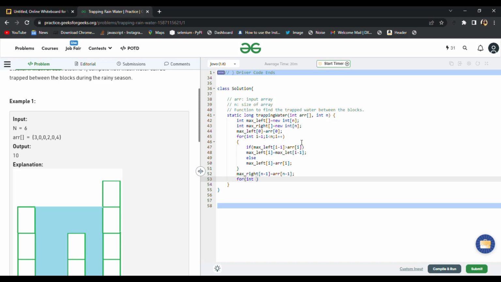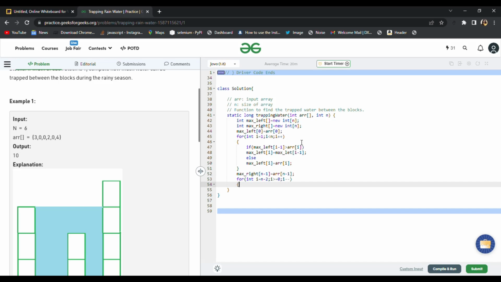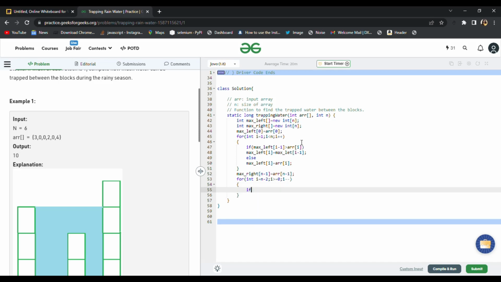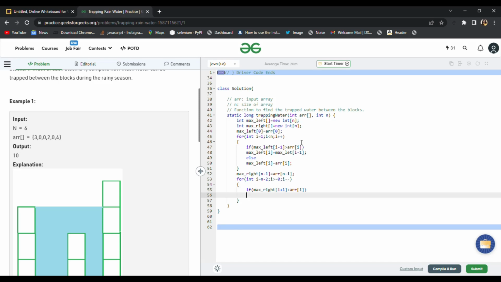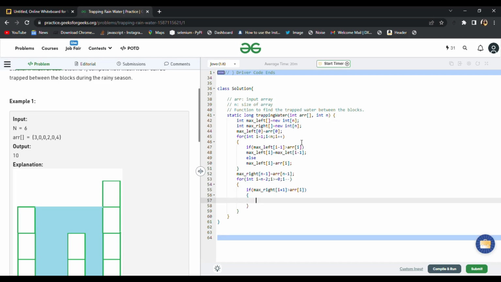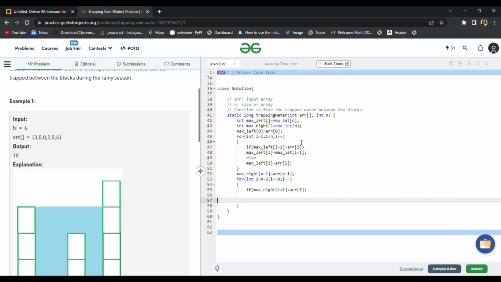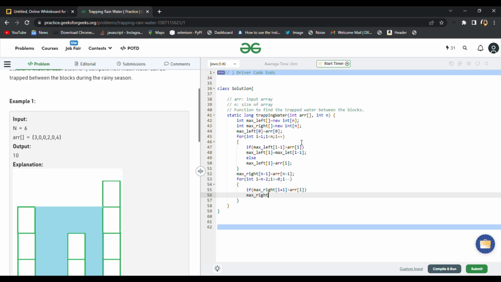Now we need to run the loop from n minus 2 till 0, and similarly we need to compare if the previous index of max right is greater than the current index of the array which is already defined, then we need to assign the current index of max right with the previous index of max right.